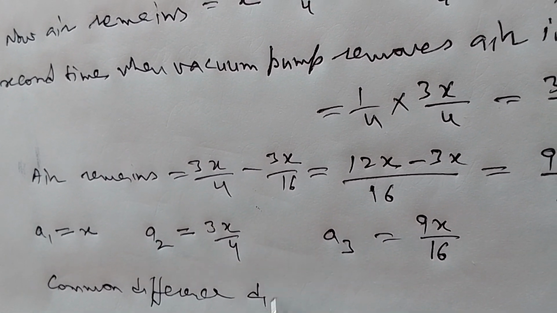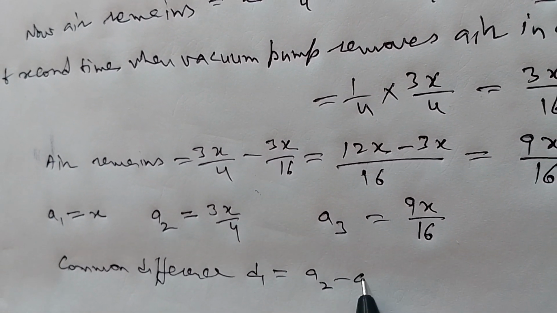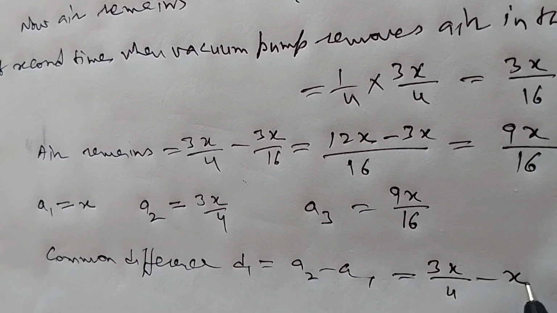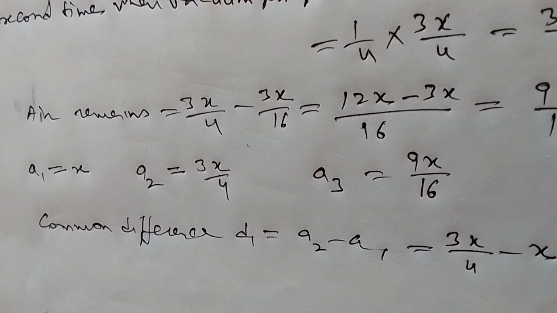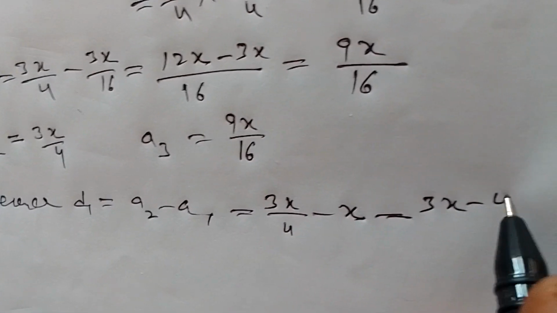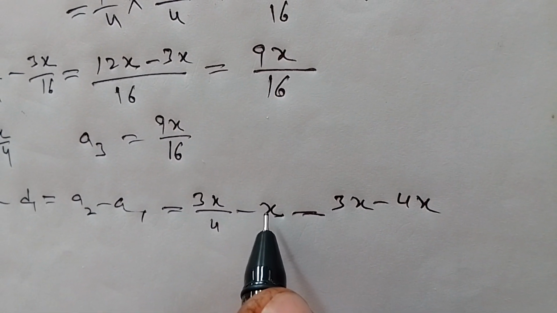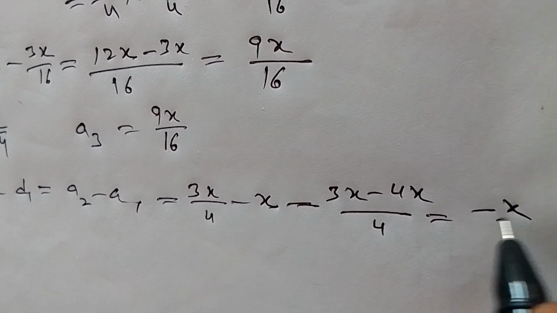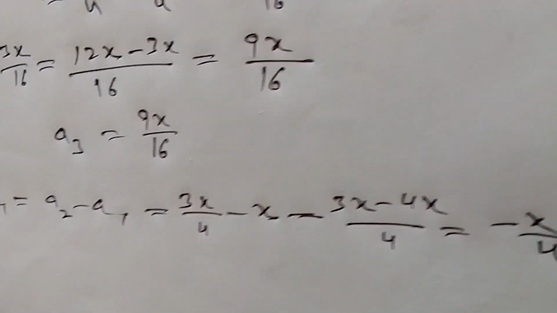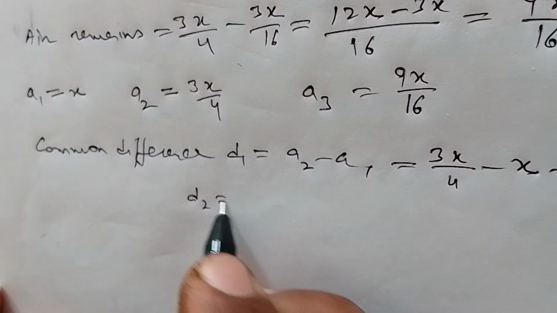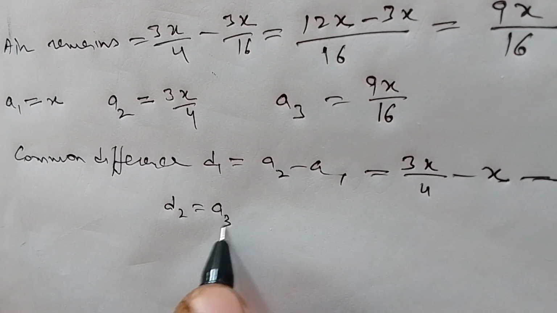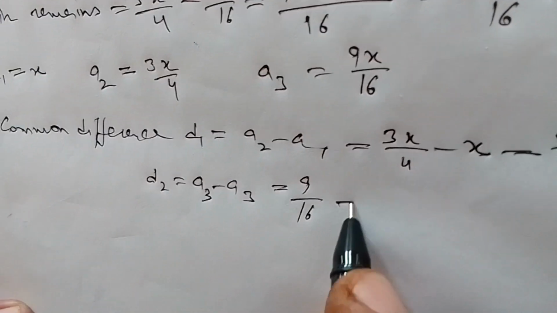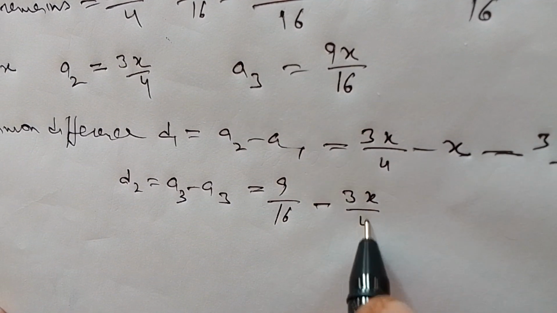D1 is A2 minus A1, 3x by 4 minus x, which is 3x minus 4x divided by 4, that is minus x by 4. Then the common difference D2, that is A3 minus A2, is 9x by 16 minus 3x by 4.